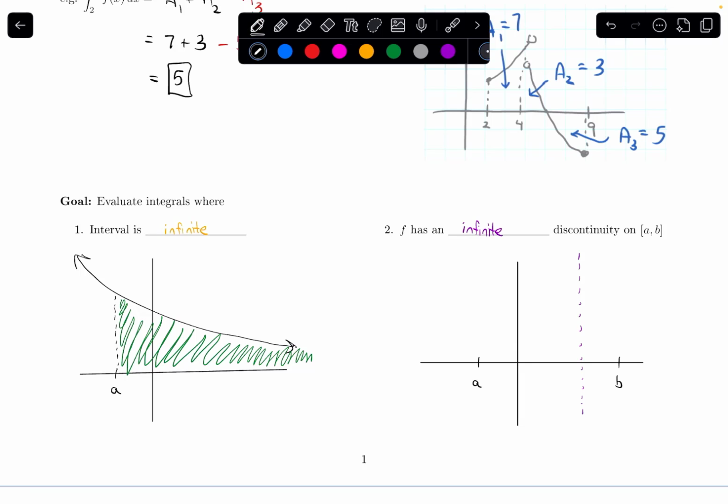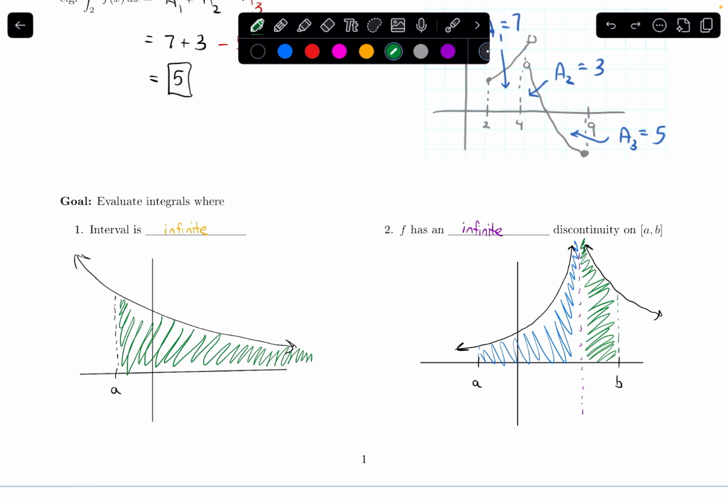So perhaps my graph does something like this, snuggling up next to the asymptote from one side, and maybe on the other side it's doing something like that. So the integral here consists of this portion on the left of the asymptote, which extends infinitely high. It also consists of this part on the right of the asymptote, and that also extends infinitely high. It kind of seems like the area should be infinite because it goes infinitely high, but we'll see some examples where this can very much be finite.